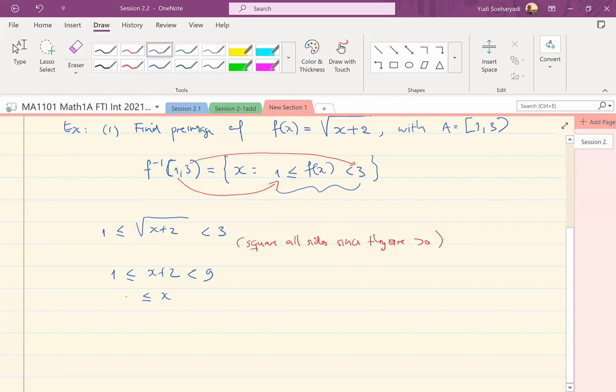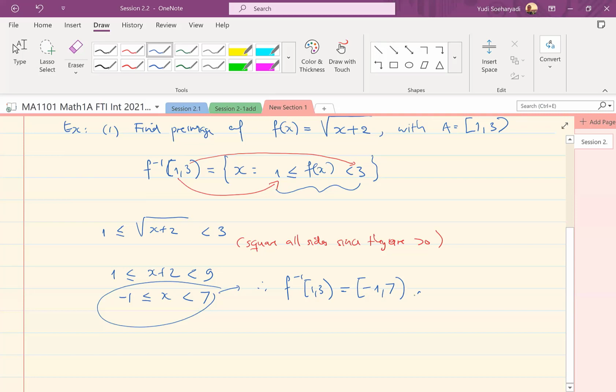So x is, and let's see, is 7. Okay. All right, so this is our preimage. So the preimage is, see, this is -1, 2, 7. Okay, so that's the preimage.